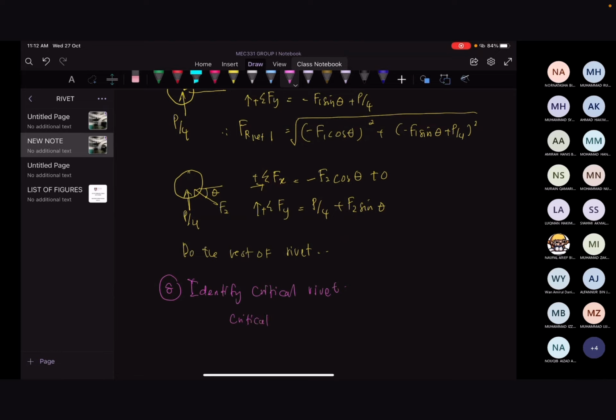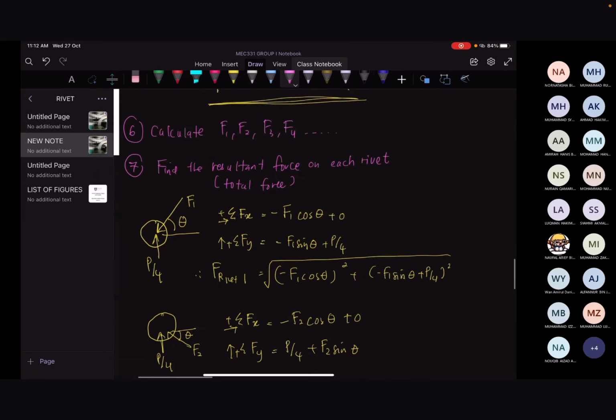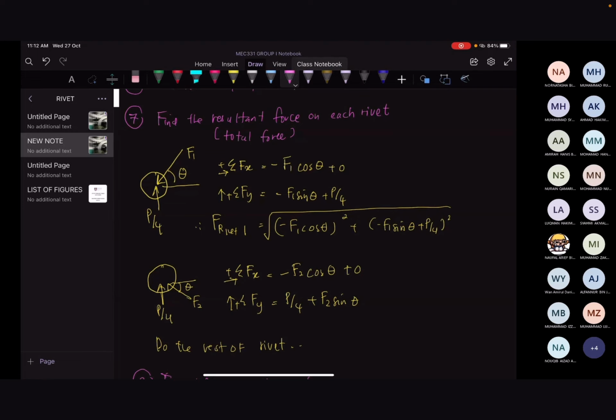The critical rivet is the rivet with the maximum resultant force. Okay, so it is important for you not to skip this step, number 7.